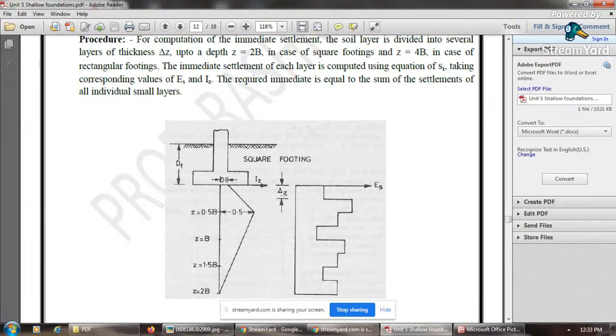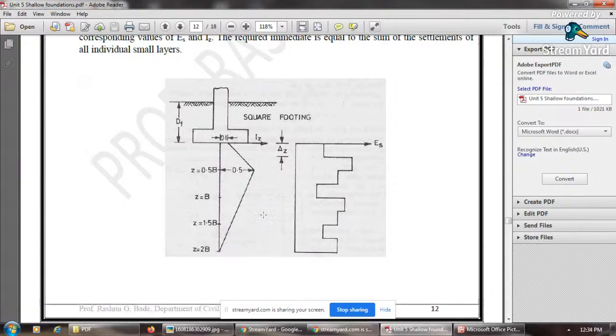Alright. The immediate settlement of each layer is computed using the equation of Si, taking corresponding values of Es and Iz. The required immediate settlement is equal to the sum of settlements of all individual small soil layers. All these are to be added and this will give you the required settlement.